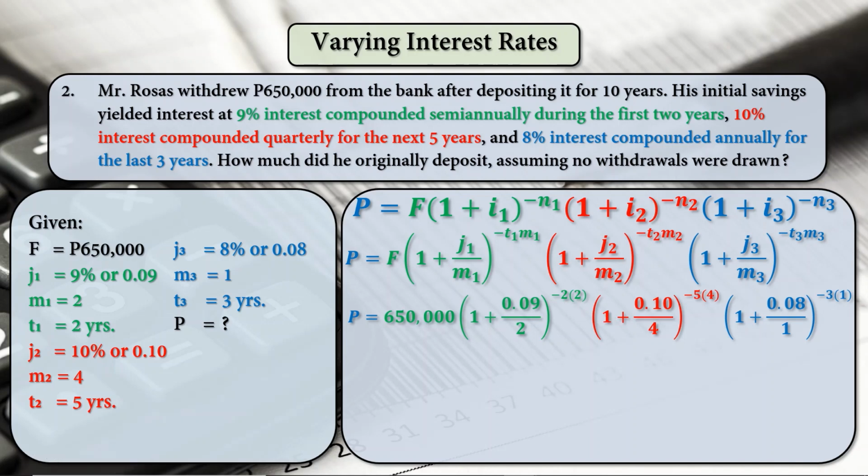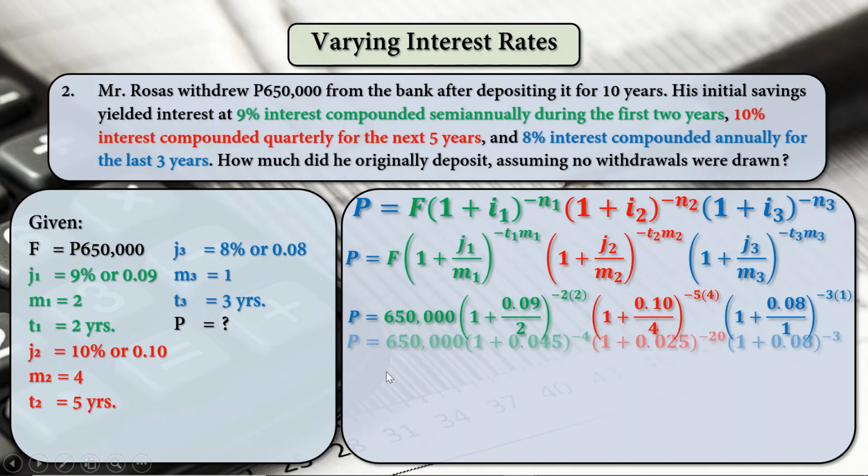For the second varying interest rate, 1 plus 0.10 our J2 over 4 quarterly siya raised to negative 5 for 5 years then quarterly again for 4 times. For our third interest rate, 1 plus 0.08 our J3 over 1 annually raised to negative 3 for 3 years times 1.